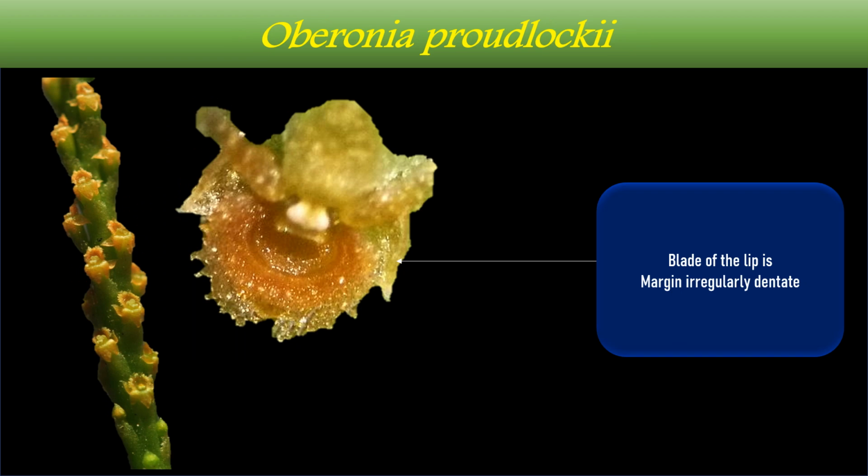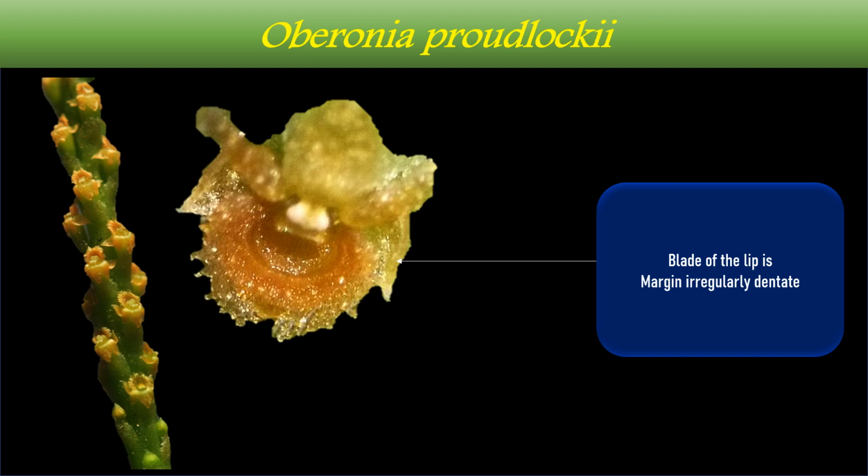Then comes our Oberonia proudlockii. Oberonia proudlockii is an epiphytic orchid and it has very minute flowers. In it the lip variation is that the blade of the lip has the margin irregularly dented, as you can see clearly in this picture, where the external part has a dented structure.